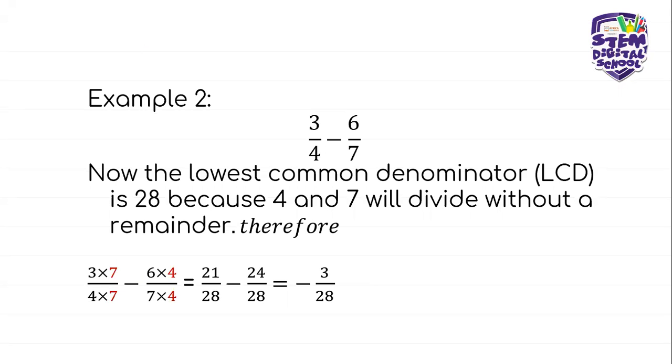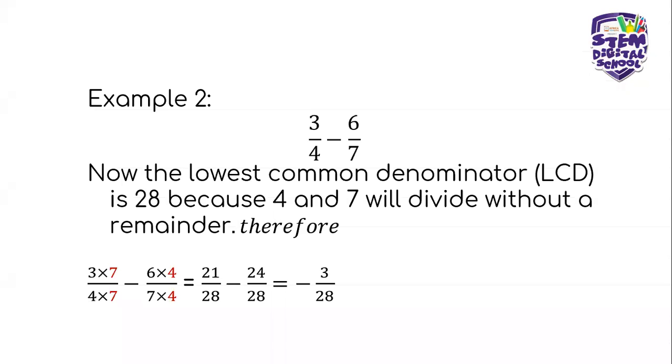The same principle applies even when it comes to a negative sign, or subtraction. You apply the very same principles that you have applied in the addition of fractions. Now, in this case, we can see that we've got 3 over 4 minus 6 over 7.